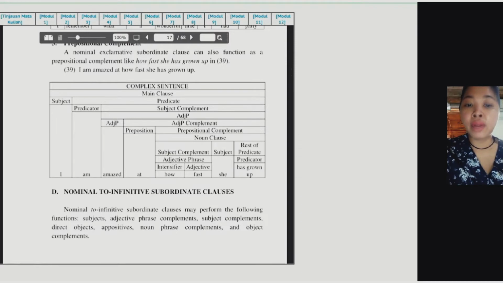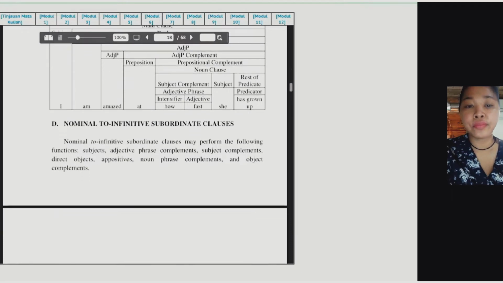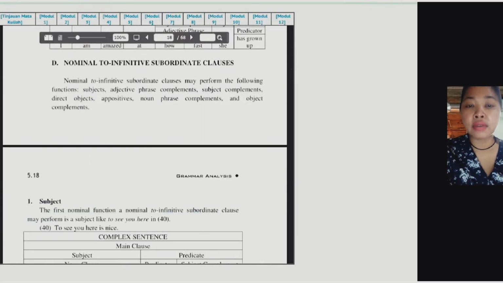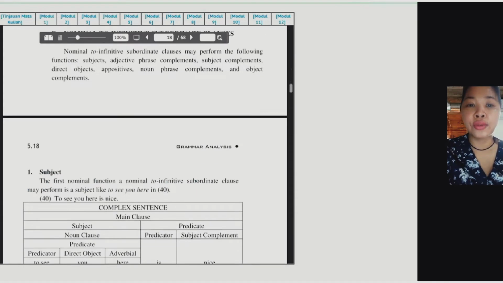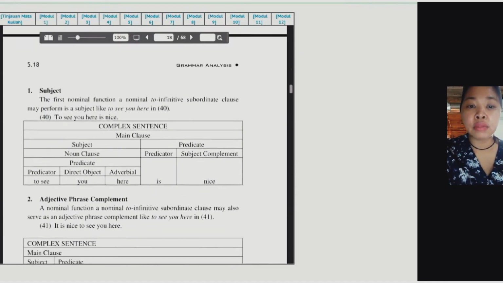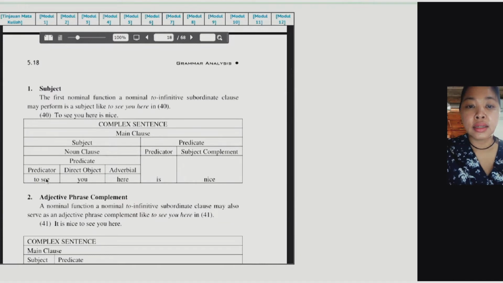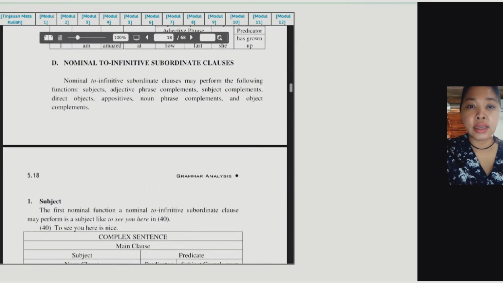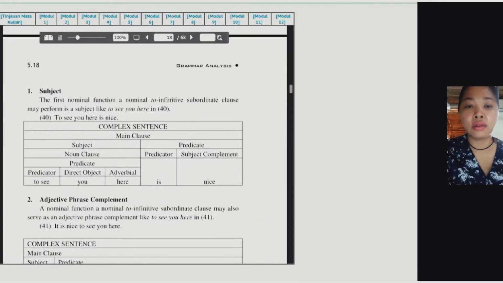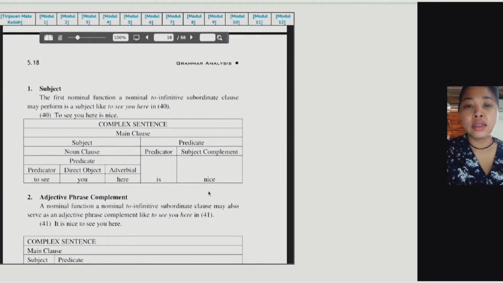Okay, now we go to the fourth one, nominal to-infinitive subordinate clauses. We still have three noun clauses to go. Here is the subject: the noun clause as a subject and then predicate, like to see you here. Because it is a to-infinitive, to see you here is nice.